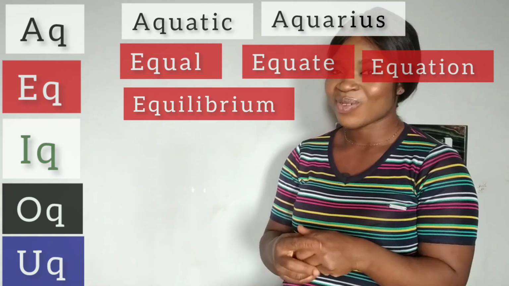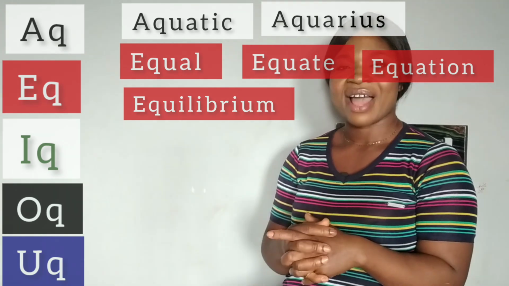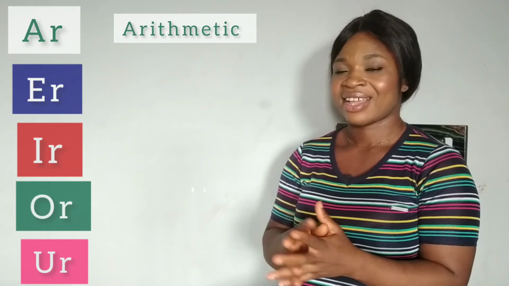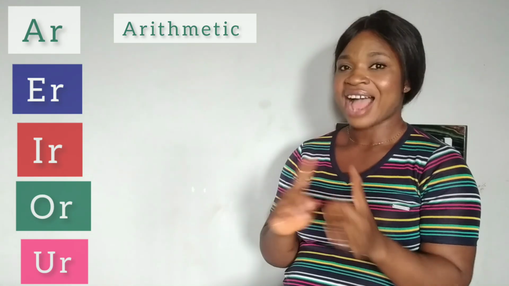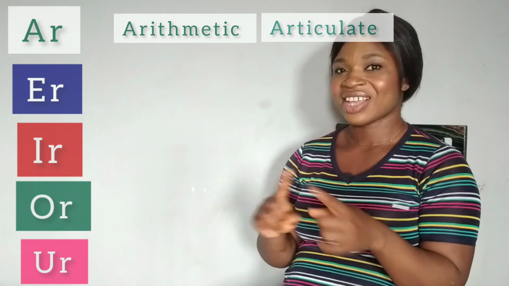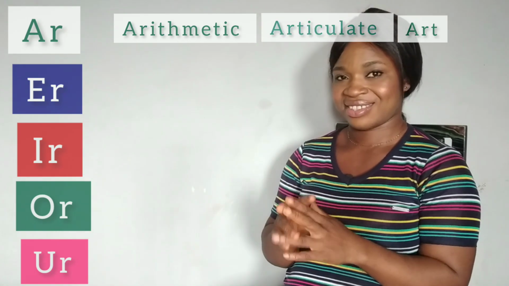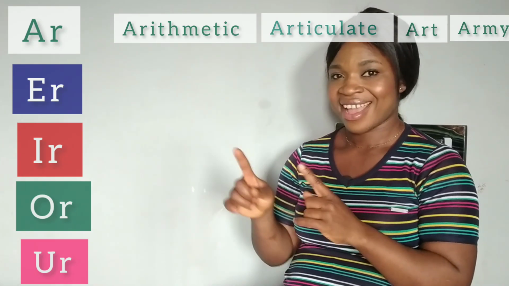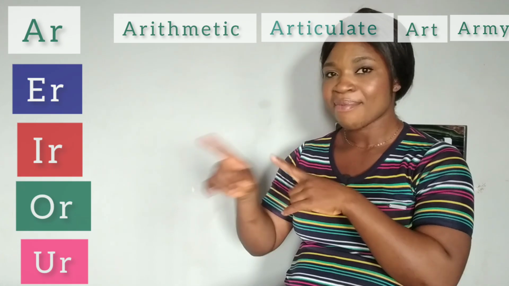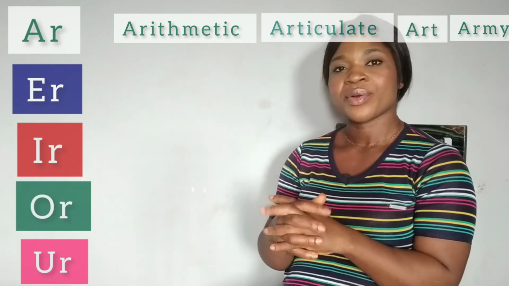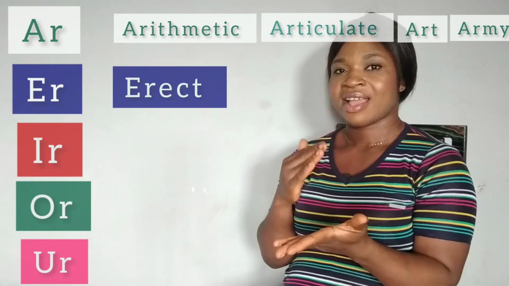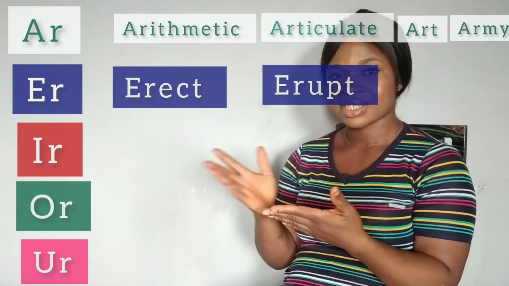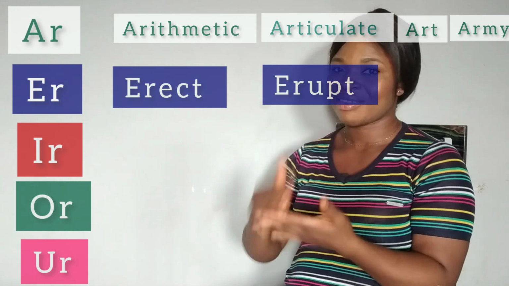So let's see the next one, which is the R. So I have the R, I have arithmetic, articulate, art, the work of art, army. We have the AR, we have erect, we have erupt. So try fixing 2 or 3, okay?